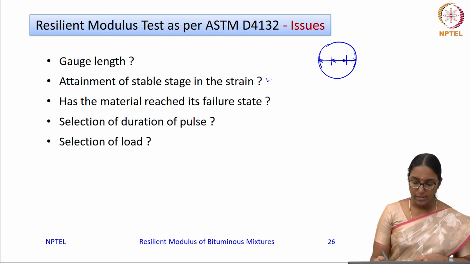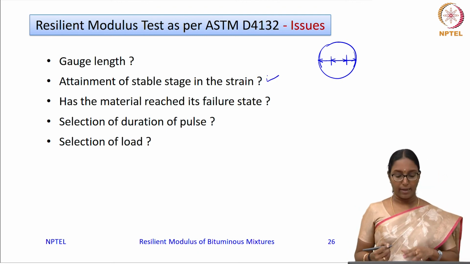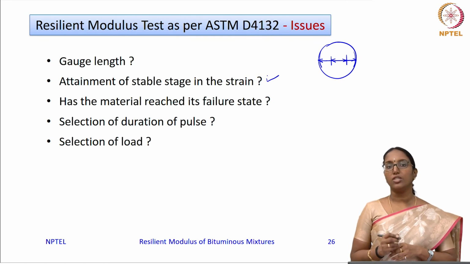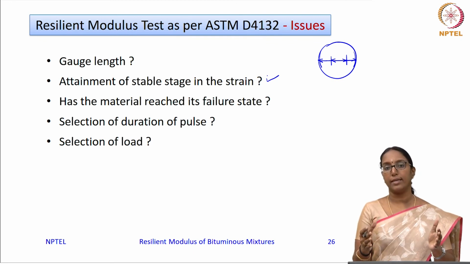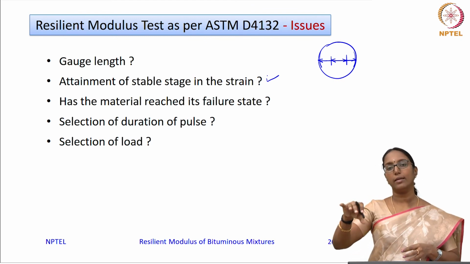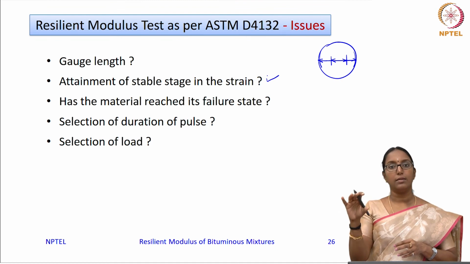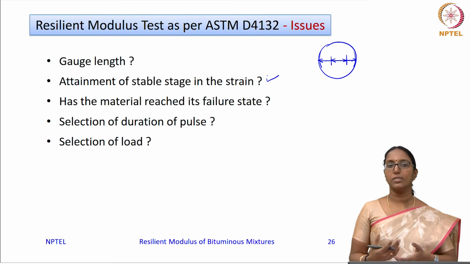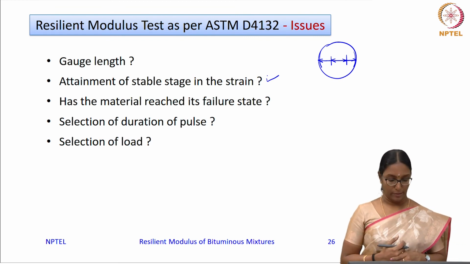And another one is that it is mentioned that you have to attain a stable stage in this strain. So, as I said, it is not clear whether this 200 cycles or 50 to 200 cycles of preconditioning will help you to attain a constant strain, or it could be a constant strain rate also. That also is not clear. Okay.